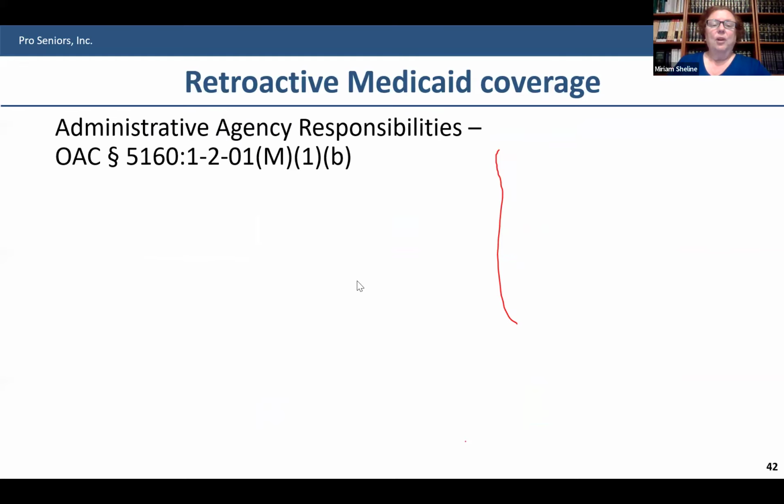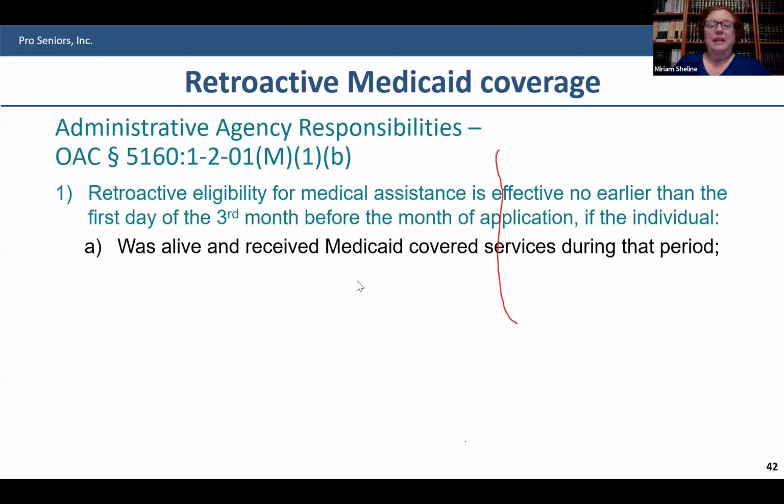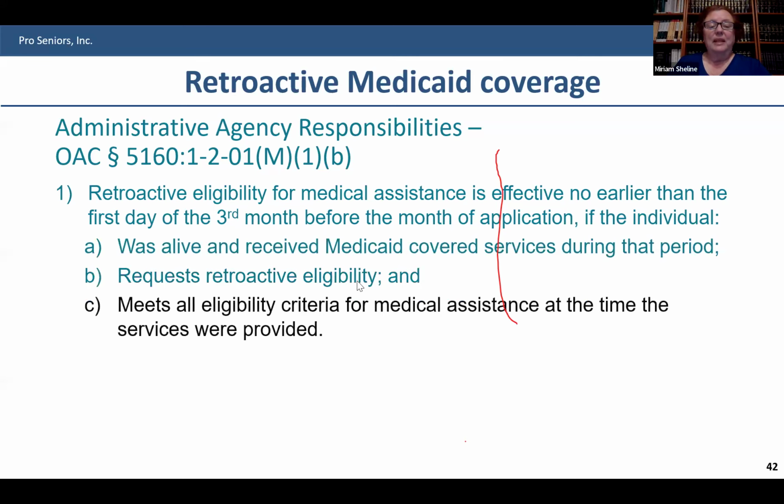And again, with regard to retroactive Medicaid coverage, you can get 3 months prior, but you must be alive, and you have to request it, and you have to meet all eligibility criteria for medical assistance at the time the services were provided.